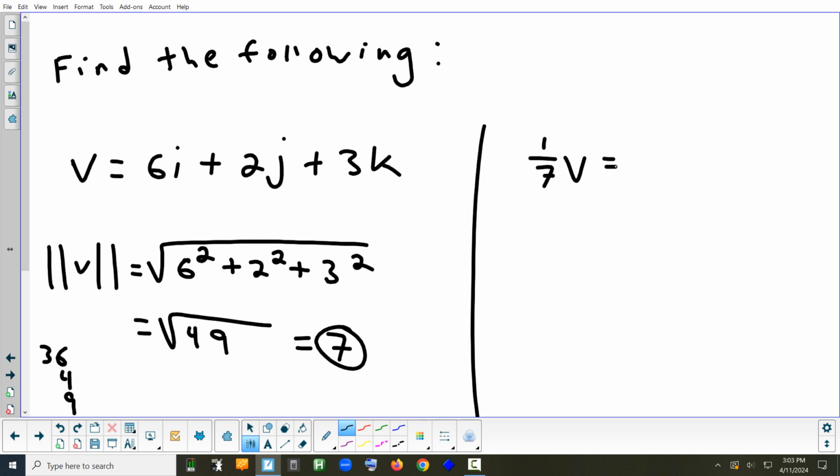So what would be your i component if you multiplied by 1/7? Well, what's your i component now? What's the i component in the original problem? I don't know what the i component would be. So it would be 6.